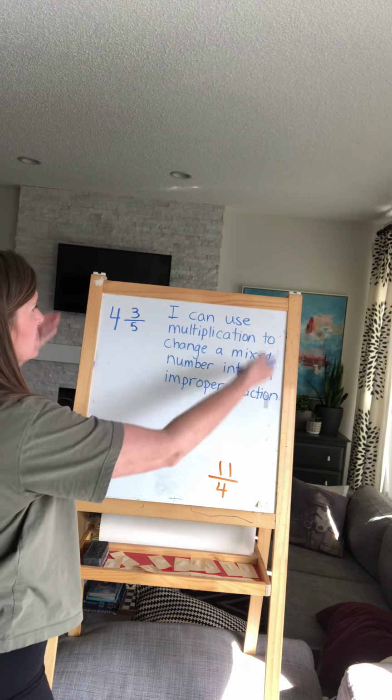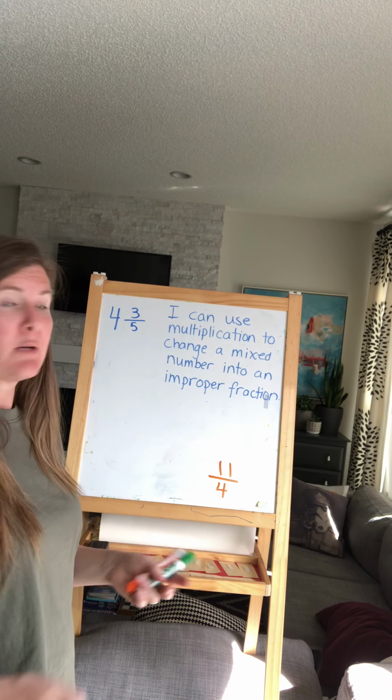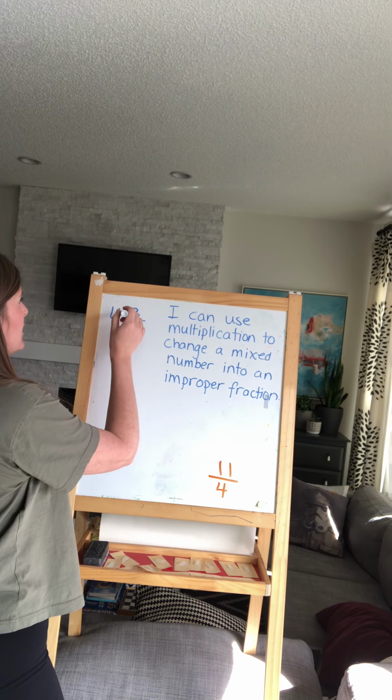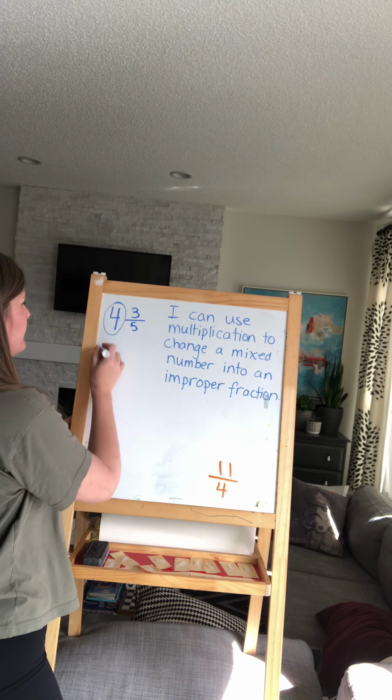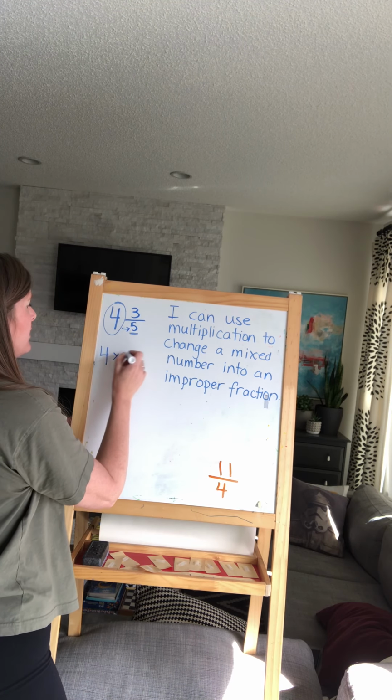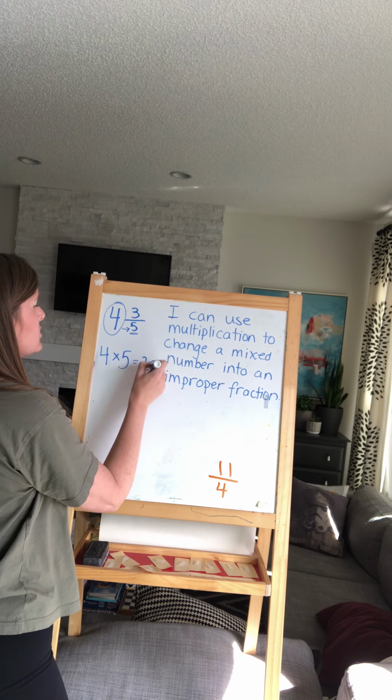So I can use multiplication to change a mixed number into an improper fraction. All I'm going to do is say, well, how many groups do I have? How many are in each group? 4 times 5 equals 20.